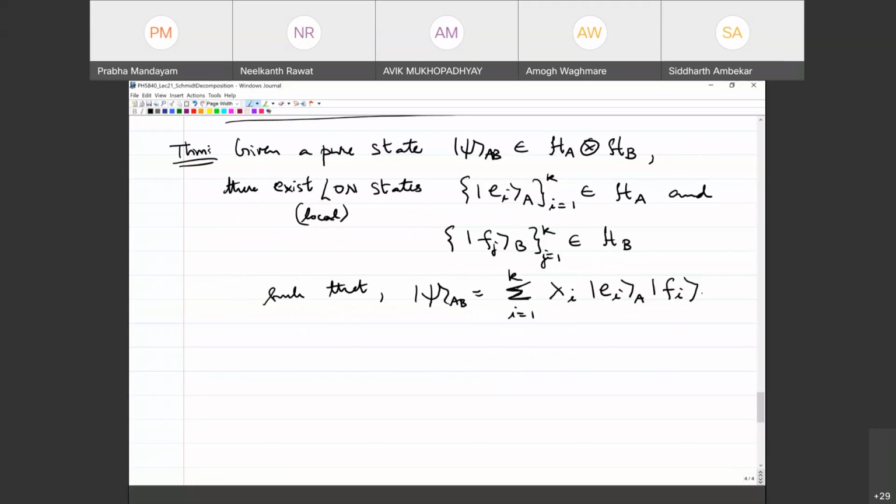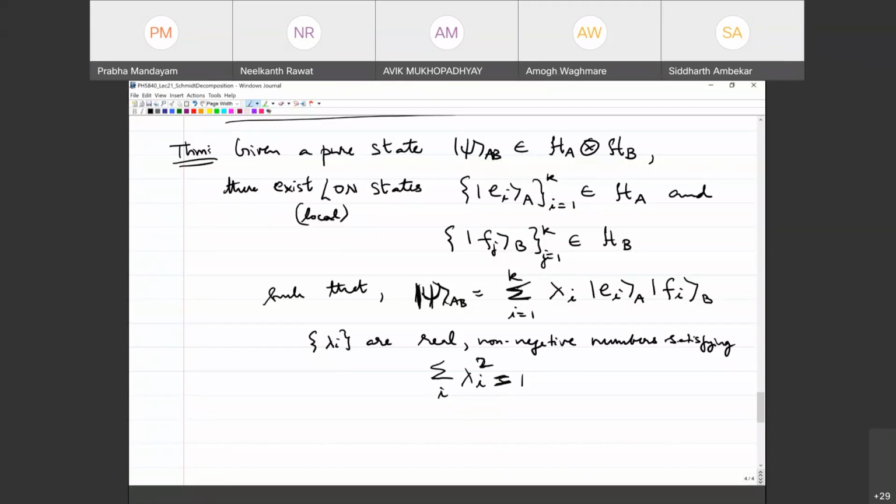Okay, that's very important, where lambda I are real non-negative numbers, satisfying sum over I lambda I squared is 1. So this part, of course, comes simply from the fact that the state is normalized, right? In some sense, we can trace it back to that. But you see, the relation is sum over I lambda I squared is 1.